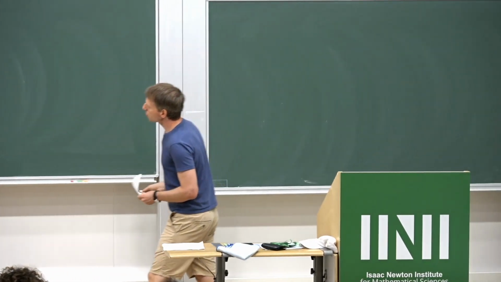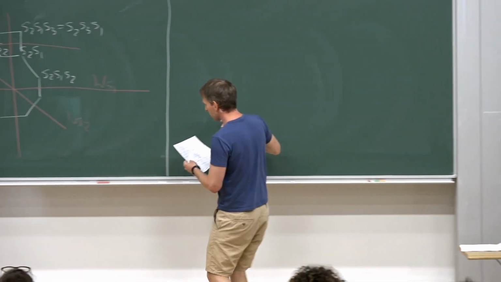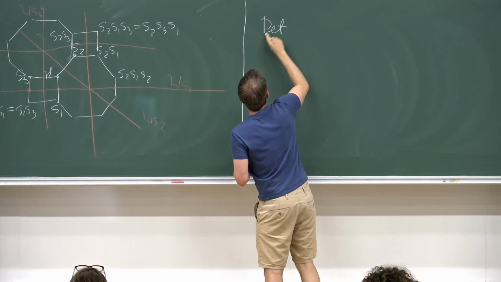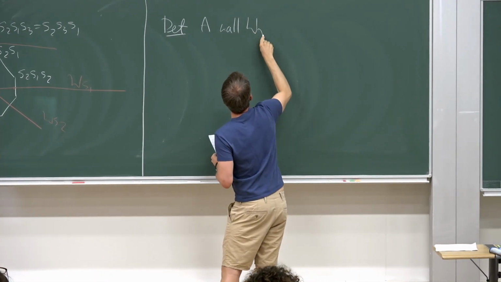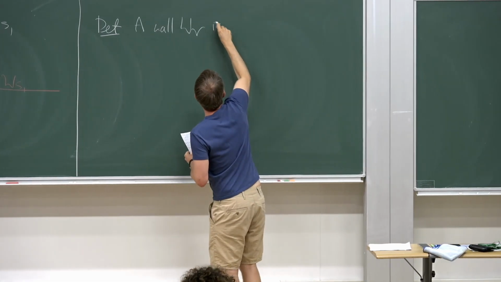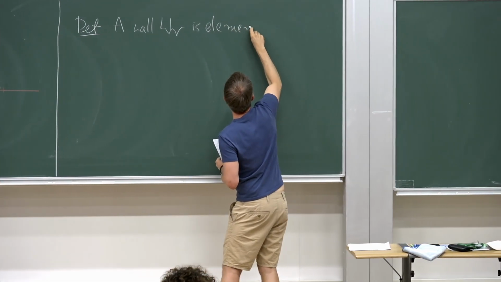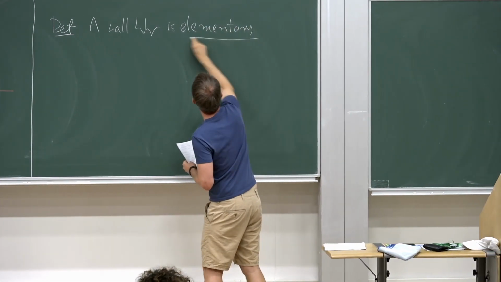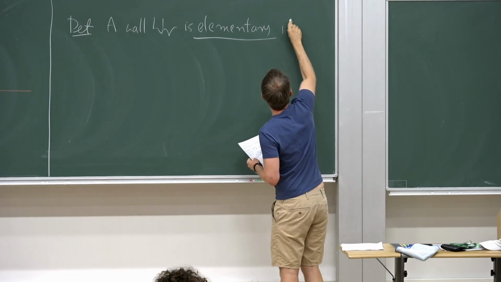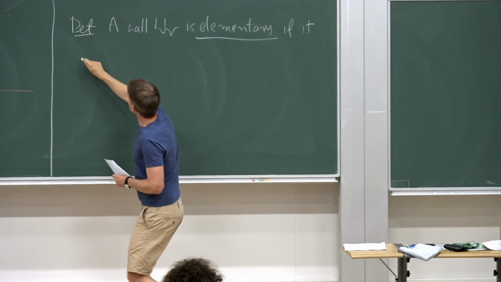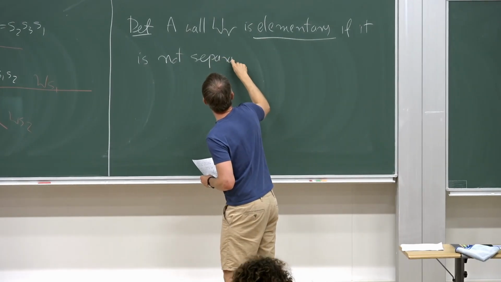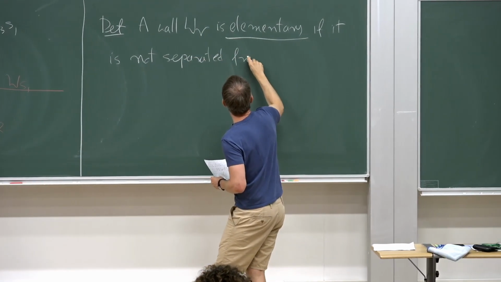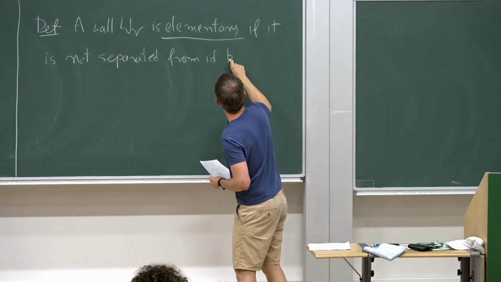Some walls will be better than the others. These will be called elementary. So a wall WR is elementary if it is not separated from the identity vertex by another wall.